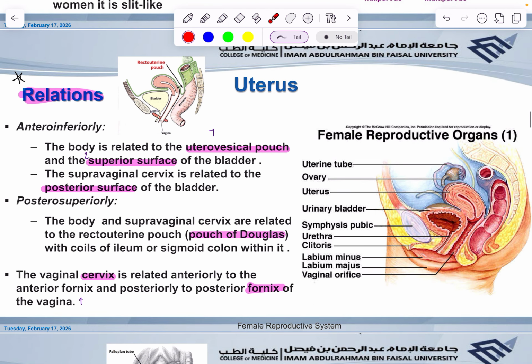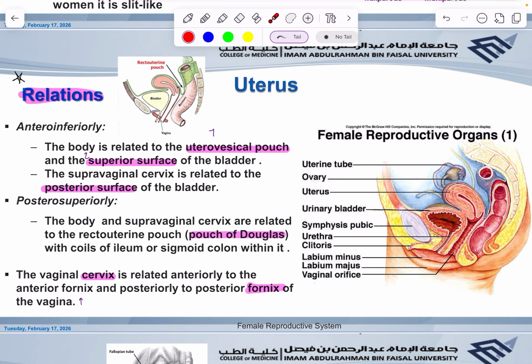Let's return to the relations. Anteriorly, what do we have? The bladder. In this case, we have the uterovesical pouch, which is the peritoneum separating the uterus and the bladder. Then posteriorly, the supravaginal cervix is on the posterior surface of the bladder, as we said.